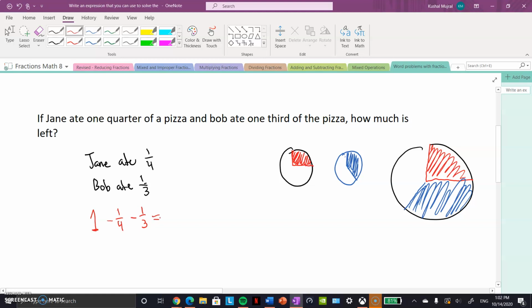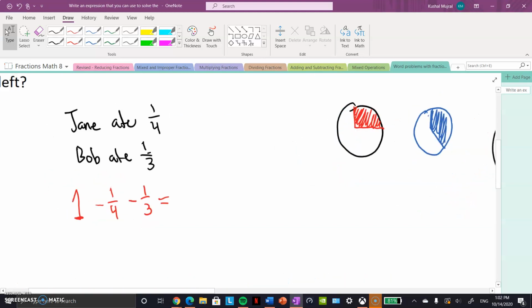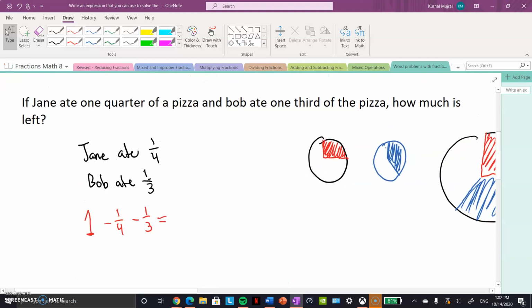So, like I said, I don't want you to solve this, but I'll just solve it just so you kind of see where we're going with this. So, 1/4 minus 1/3, put that into prime factorization, then you multiply it to find the lowest common denominator, which is 12. Multiply this by 4, this by 4, this by 3, this by 3.